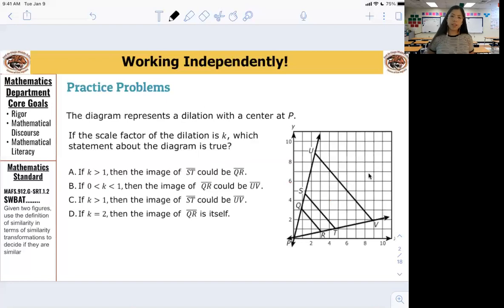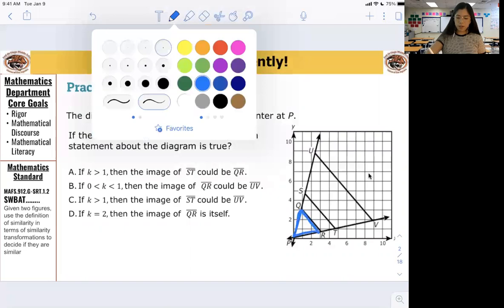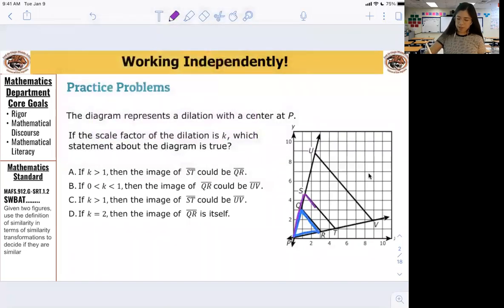We have at least 3 triangles if you look at it this way: QPR, QST, and then that big one, PUV. So read through those answer choices and start thinking about which one might be right. I'll give you about 30 seconds to a minute, and then we'll try it together.